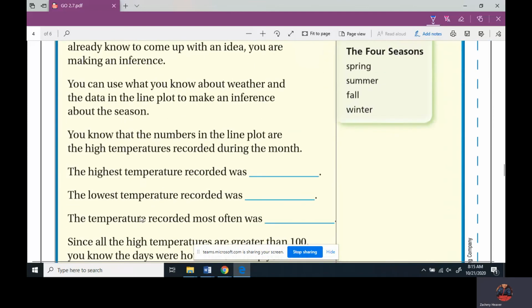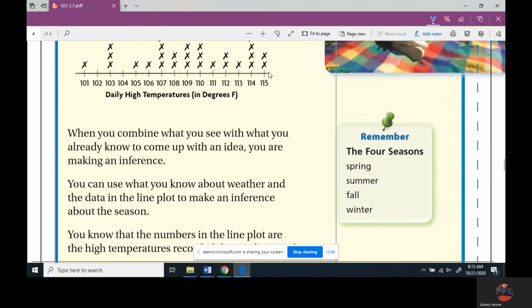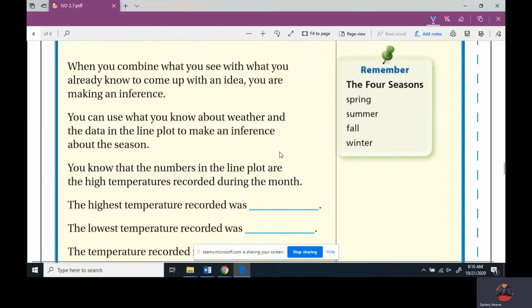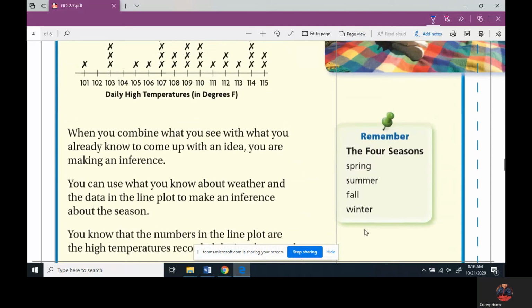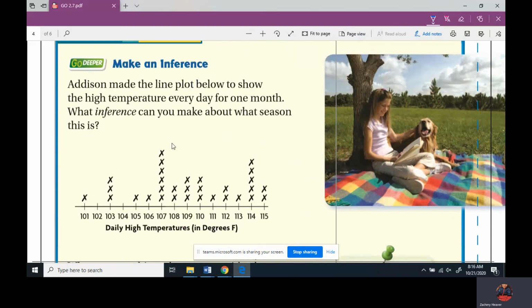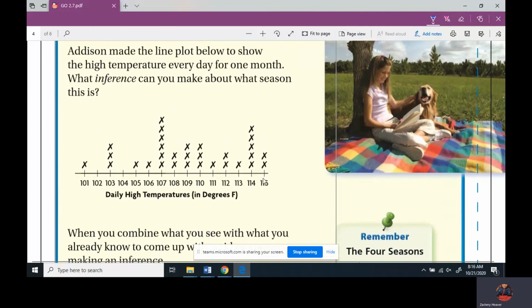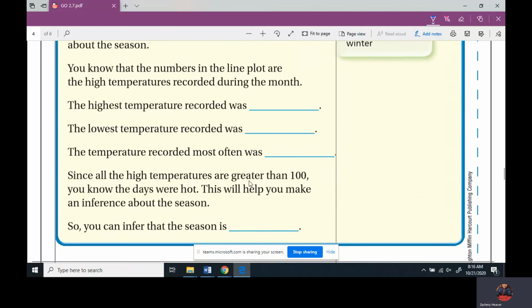Well, let's keep going. The highest temperature that was recorded, 115 degrees. That's the highest. Don't get confused. These are not the highest. That's just the days that they had most. This is not the highest temperature because it has the highest number of X's. The highest temperature only has 2 X's, but it was 115 degrees. So the highest temperature recorded was 115.